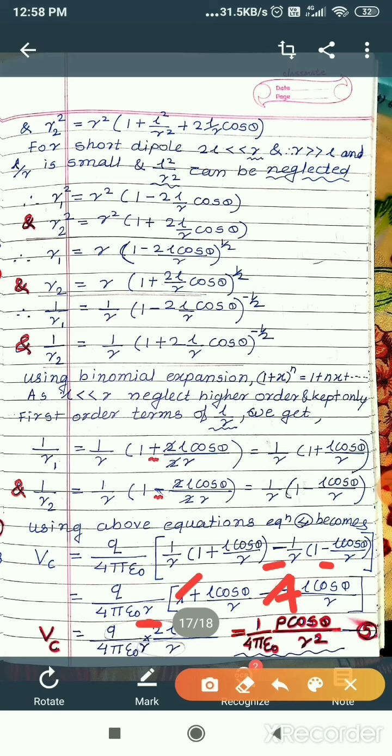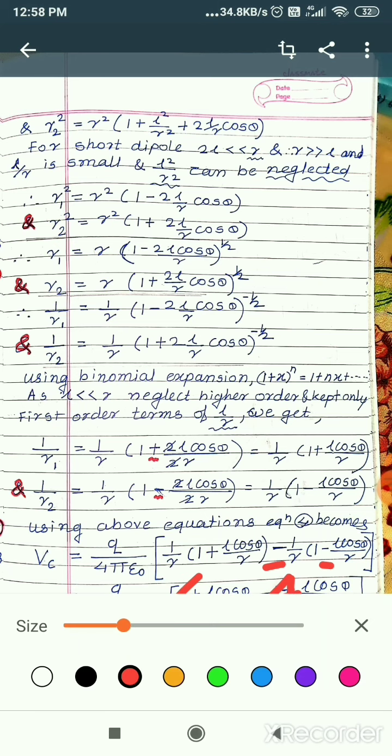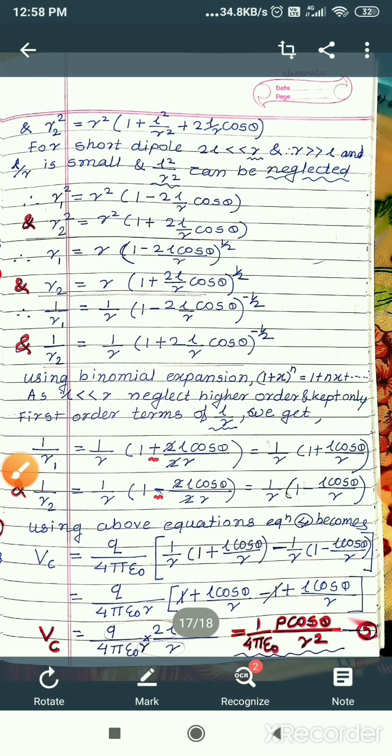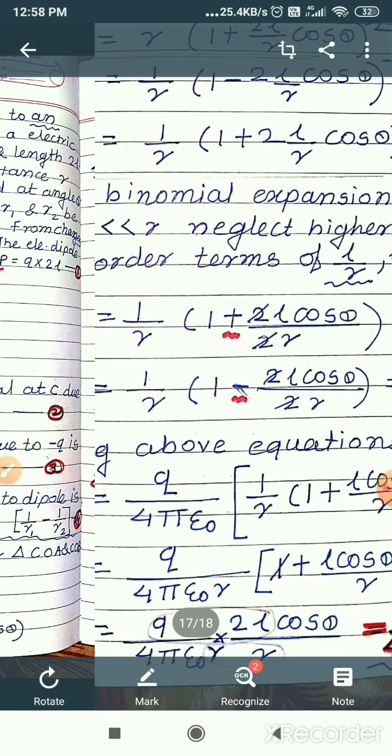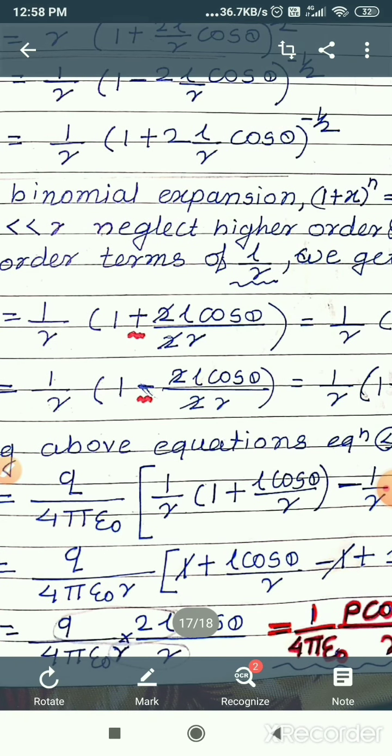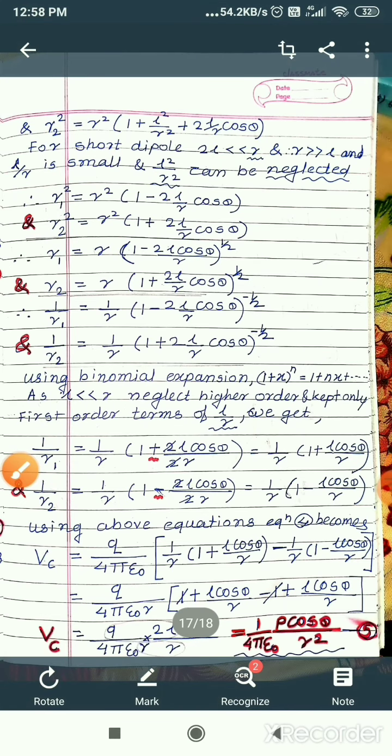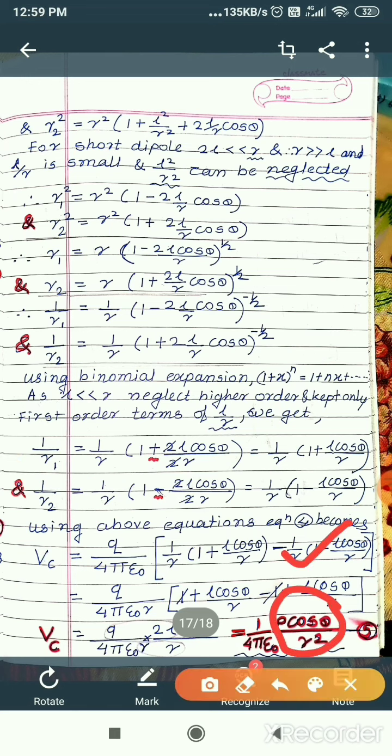The 1 gets cancelled and the remaining term is q upon 4 pi epsilon 0 times twice L cos theta upon r into r, which becomes p cos theta upon r square. Therefore p cos theta upon r square is our answer.